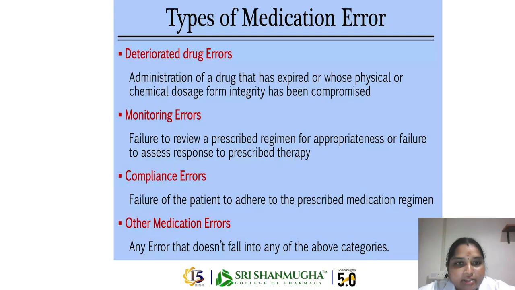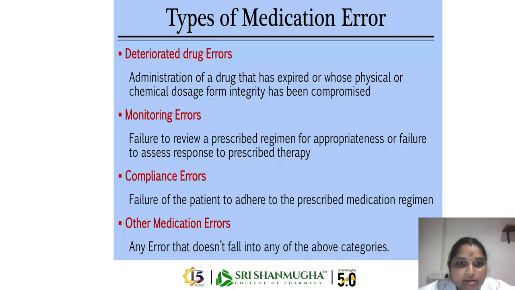Next, monitoring errors: failure to review a prescribed regimen for appropriate needs or failure to assess the response to the prescribed therapy. For example, a doctor fills a prescription for an inpatient for daily medication, then he stops the medications, but the nurse incorrectly or forgetfully gives the medications.